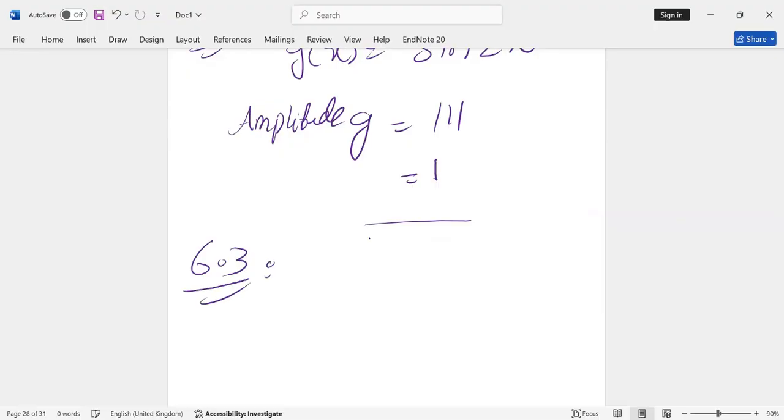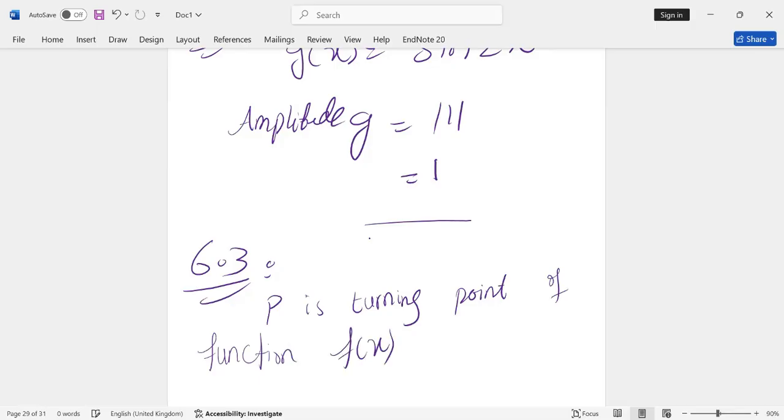In 6.3 we have to calculate the value of a. How do we find the value of a? As you know, P is the turning point of function f(x).